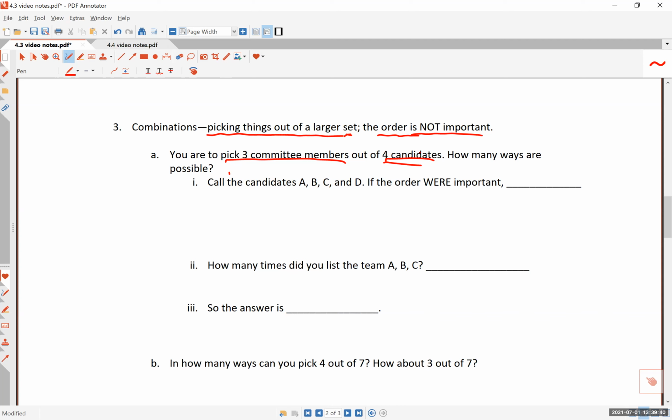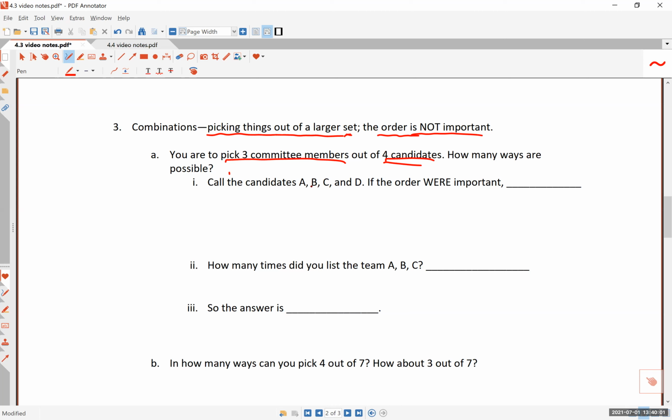How many ways can you choose the committee of 3 people out of 4? The fact that you can pick ABC or ACB in that order doesn't matter, because ABC and ACB and BCA and CBA and all those are really going to constitute the same committee. So that's the difference.